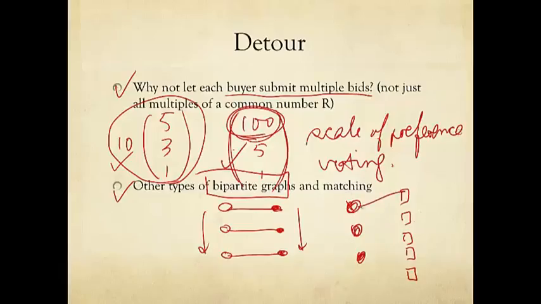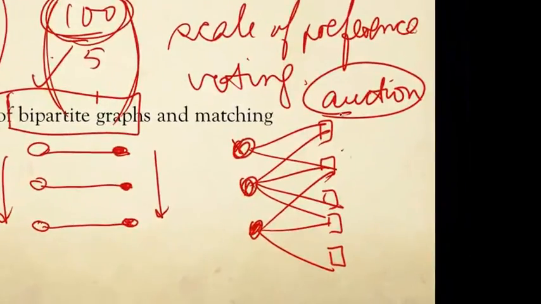As long as all the links connecting the nodes are across left and right, but not within left or within right, we call this a bipartite graph. This is a very useful visualization and analytic tool in many graph theoretic solutions. Auction is a particular special case of bipartite graph usage. We're going to later see more bipartite graphs and more matching methodology in bipartite graphs. So that's a quick detour.